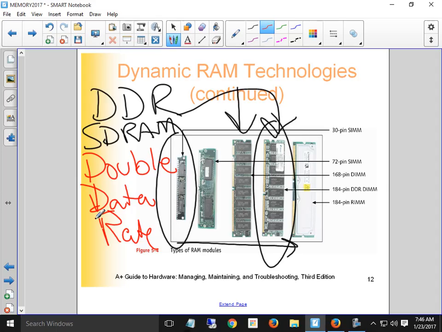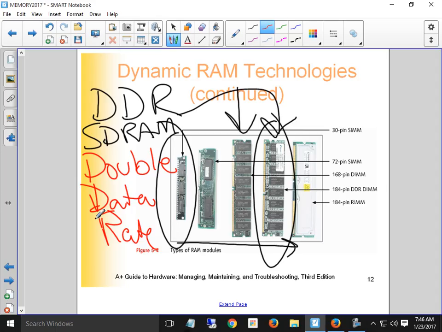Now, does DDR really mean that anymore? Of course not. It's way, way faster. We're going to go through some of the speeds today. But the initial one was double the speed of SDRAM. So we went from SDRAM to double data rate SDRAM. So at one point in time, for 1 year, DDR actually meant what DDR stood for. After that, it really didn't. For a whole year.